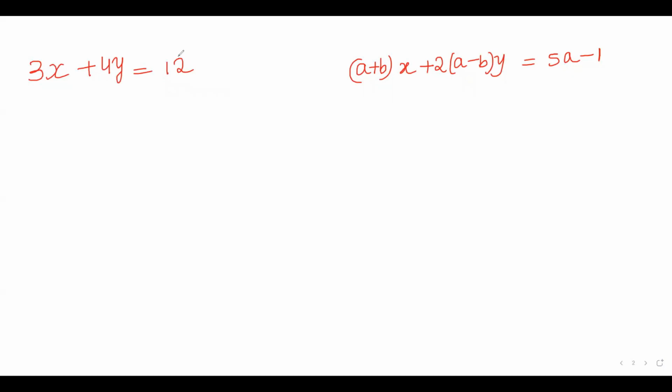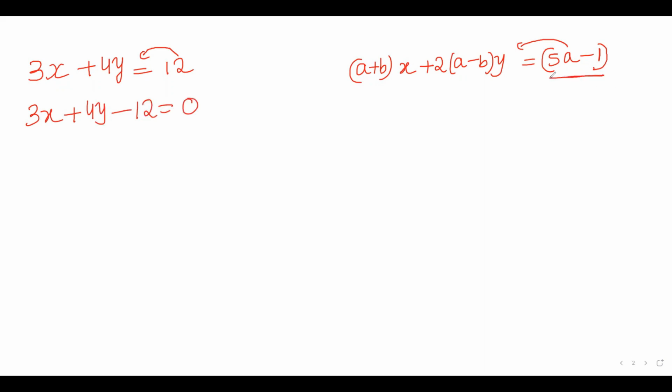Now I will transpose the constants to the left hand side. I will keep the constant in the bracket and transpose. On transposing, plus 12 will become minus 12.